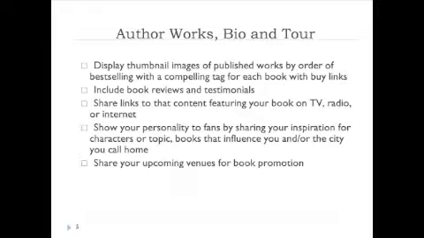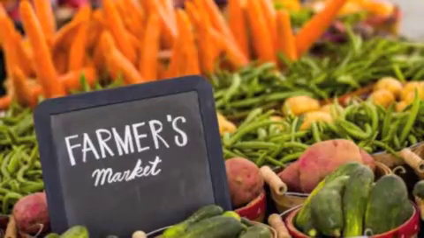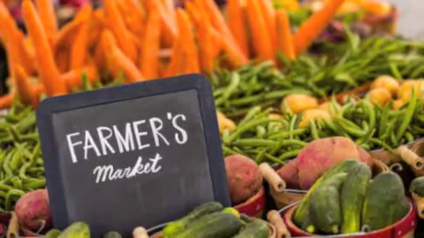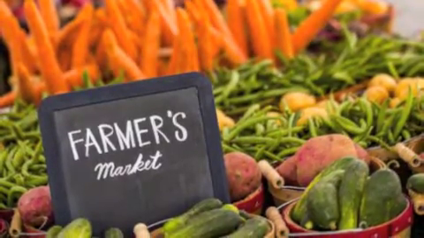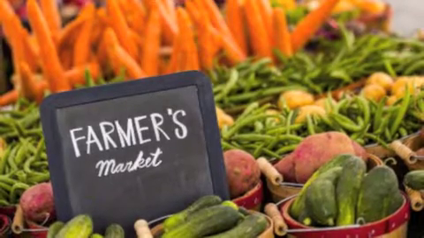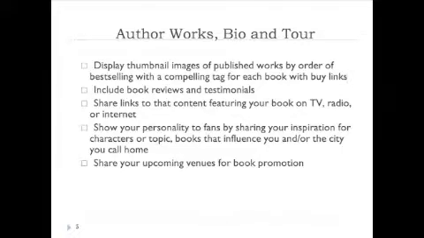Good example would be if your book has to do with maybe healthy plant-based eating. A farmer's market or a vegan supermarket might be a viable venue for you to do a book signing or meet with fans or share some information to promote your book, rather than the general mainstream bookstore outlet venues where you might not get as much attention.